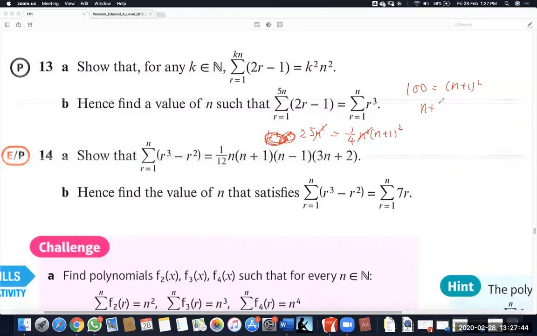Even though you know n should be a positive number, to be mathematically rigorous, you still need to write down the true answers and then reject. So n plus 1 can either be 10 or negative 10. So n equals 9 or n equals negative 11. But you need to reject this answer because n can only be a positive integer. So the final answer should be n equals 9.